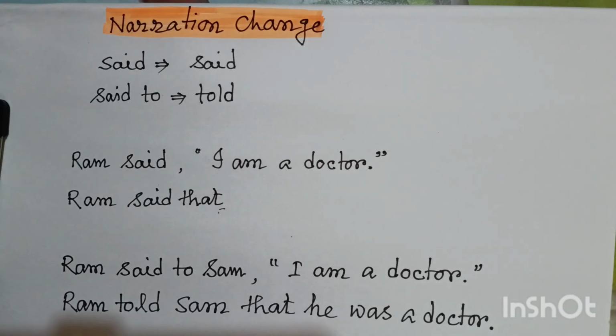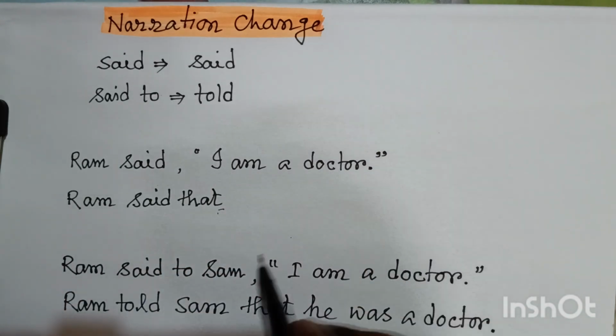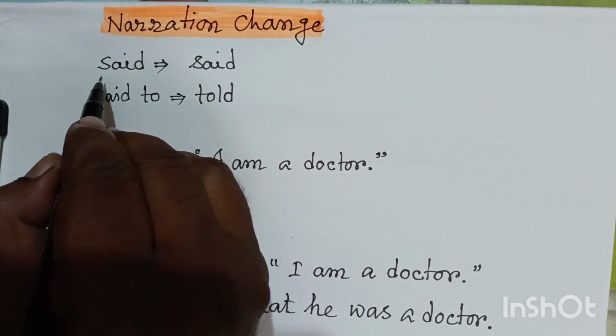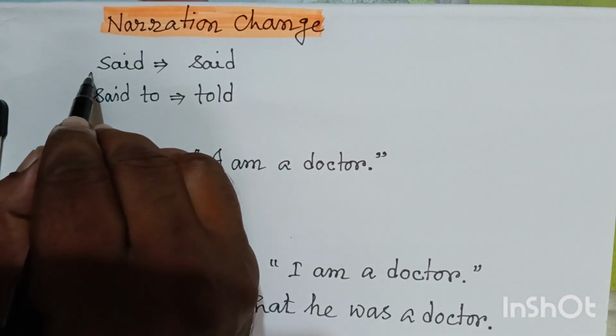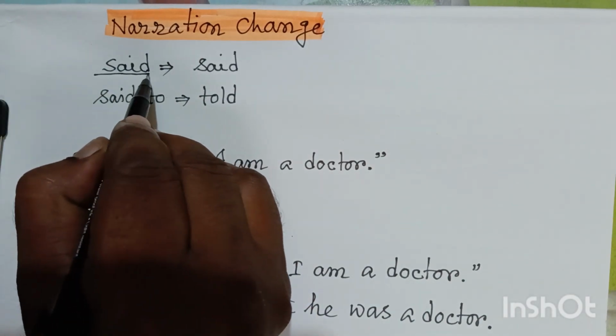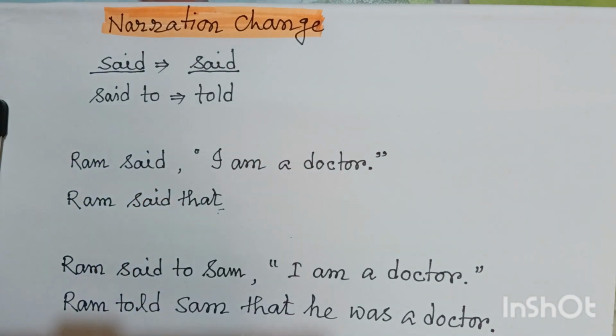Friends, today on this podcast we'll discuss a very simple concept related to narration change. Friends, you have seen in direct speech, if there is the reporting verb said, it remains unchanged in indirect speech.